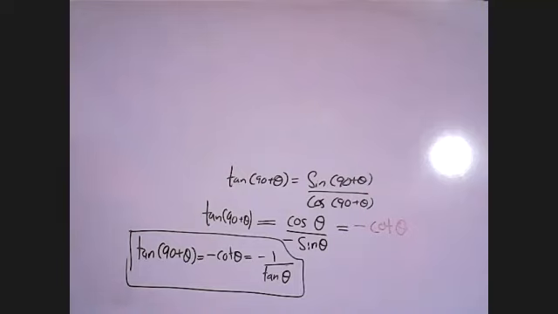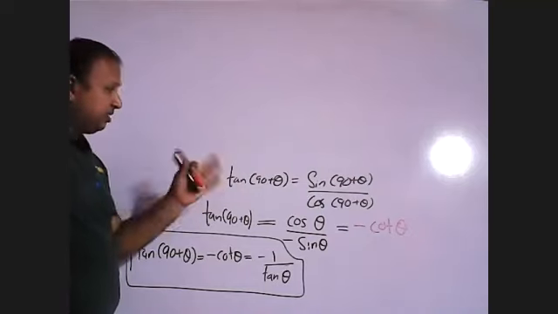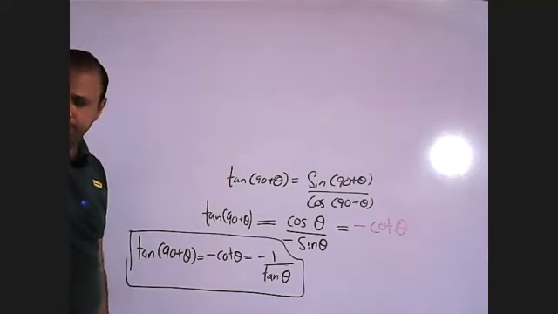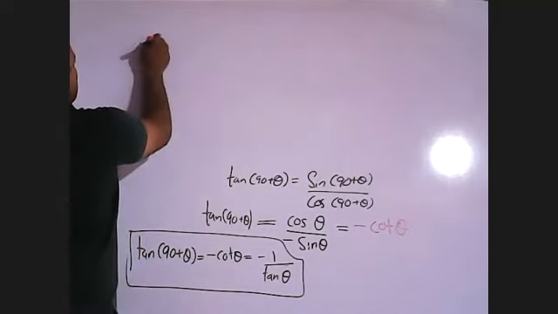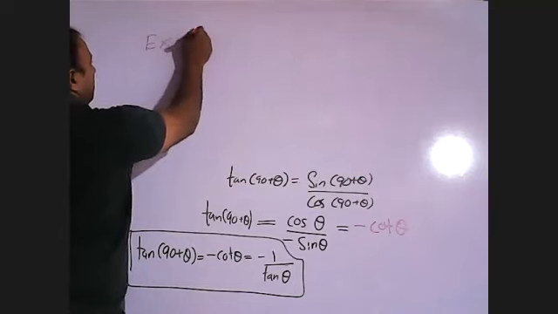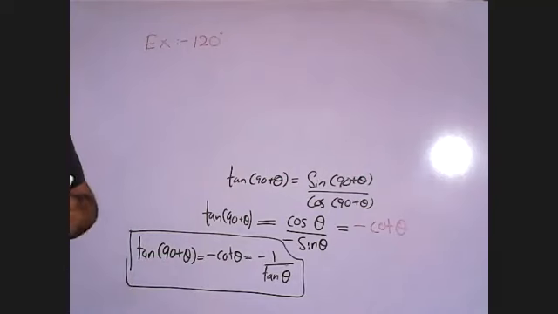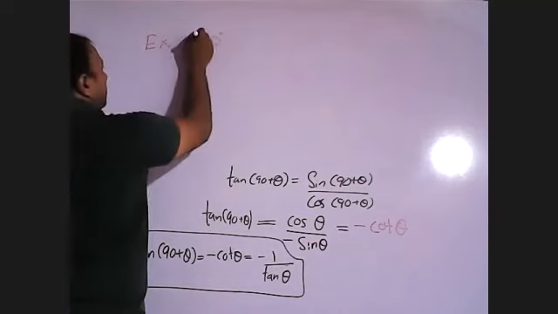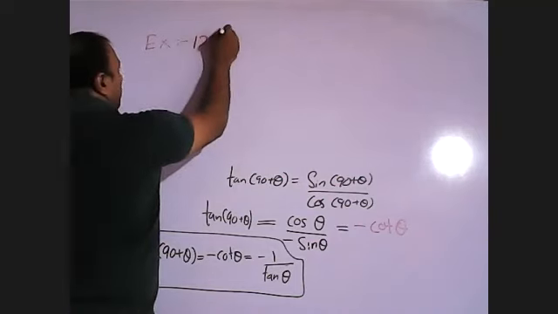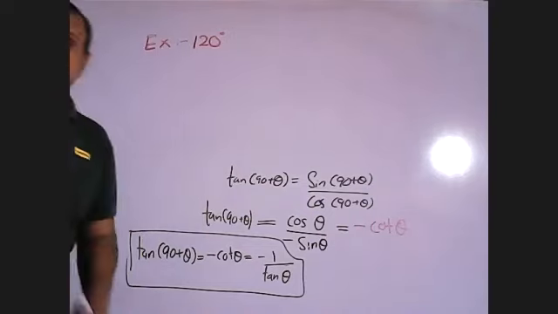Okay. Now you can find any angle in between 90 and 180 using this method. As an example, suppose you are given 120 degrees and you are asked to find the trigonometric ratios of 120 degrees.